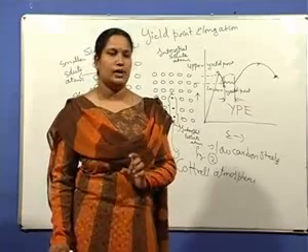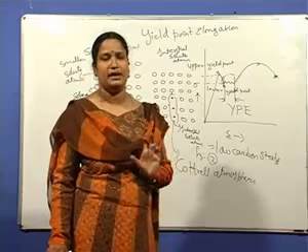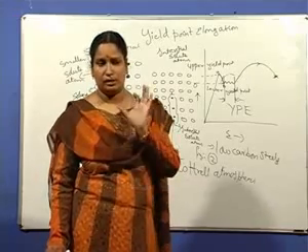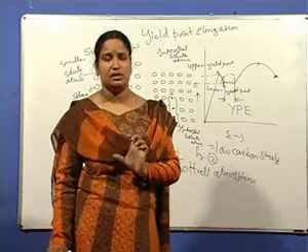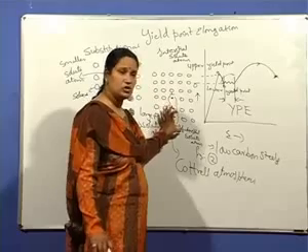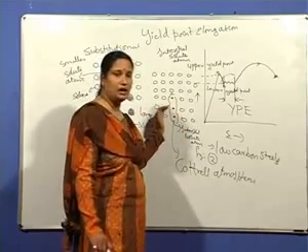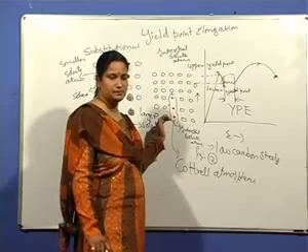In the case of low carbon steels, the interstitial elements are carbon and nitrogen. The carbon and nitrogen interstitial elements form these Cottrell atmospheres. So the dislocations are locked by these atmospheres.